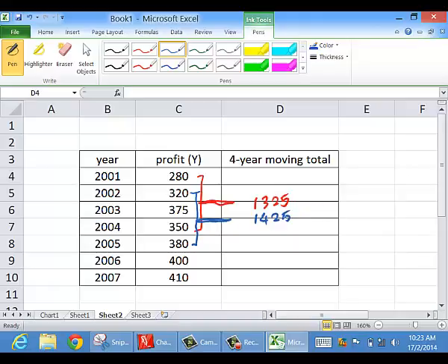Boleh ikut? Then you move on, this one 320 tak pakai dah, you turun bawah 337 hingga 400. So you letak di tengah-tengah, it should be equal to 1505. Right, then you move on lagi, this one 375 turun ke bawah 350 hingga 410. So you letak di bawah, so 1540.